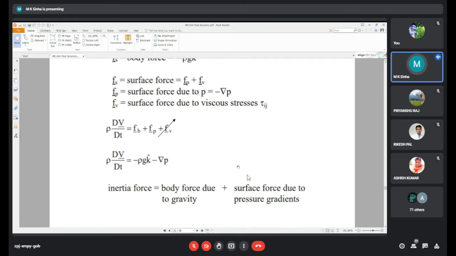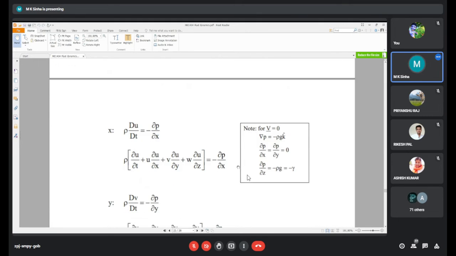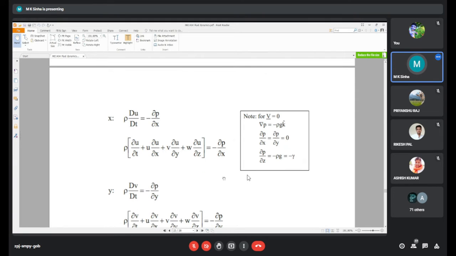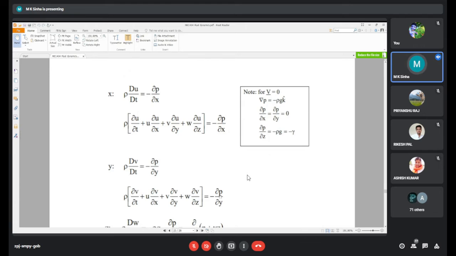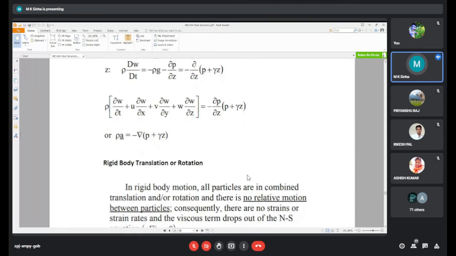Then the inertia force, body force due to gravity, and surface force due to the pressure gradient remain. So you should take this in regularized form, and zero will come out. So, rigid body translation and rotation.